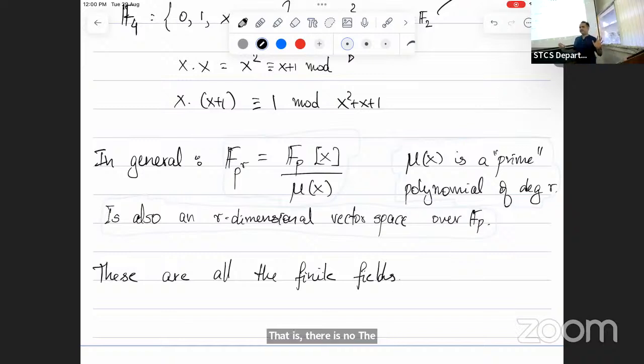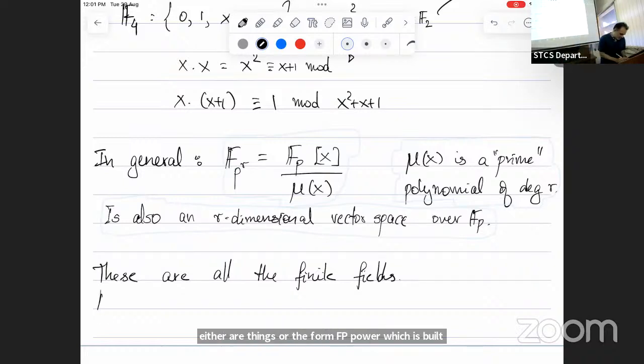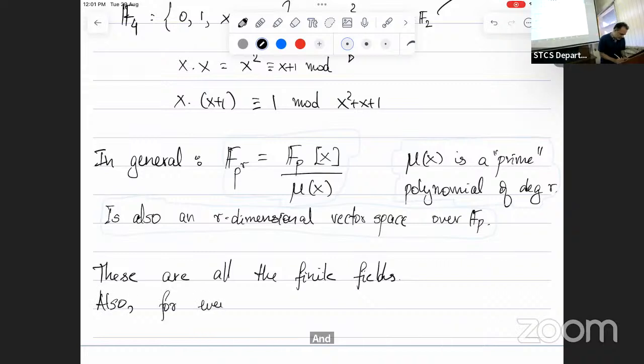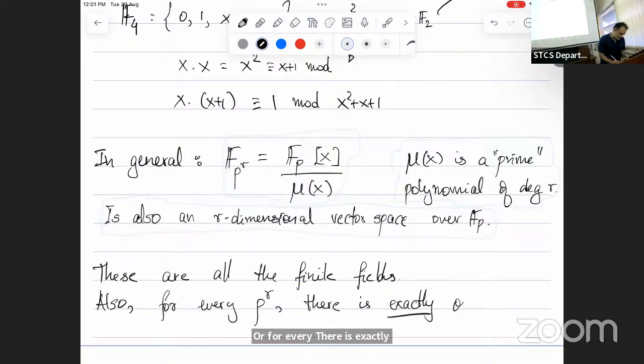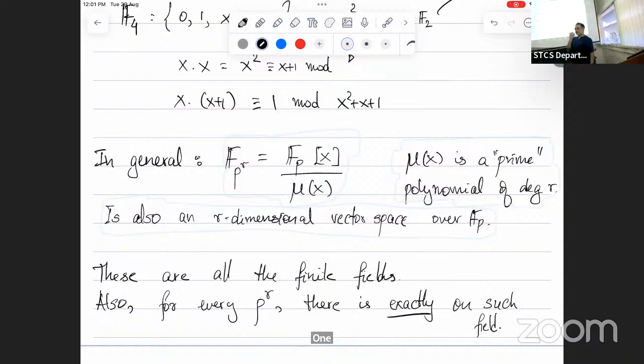The only finite fields are of the form F_p power r, which is built in exactly the same way, and for every p power r, there is exactly one such field. The sense is that once you fix your field size, there is really just one field of that size.